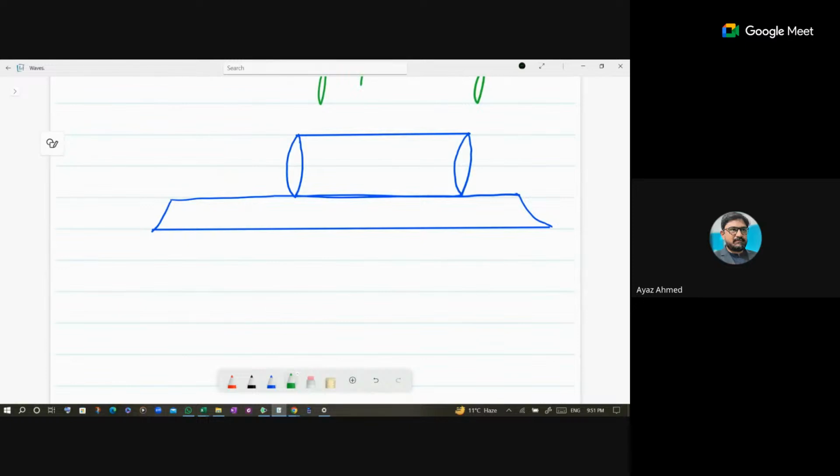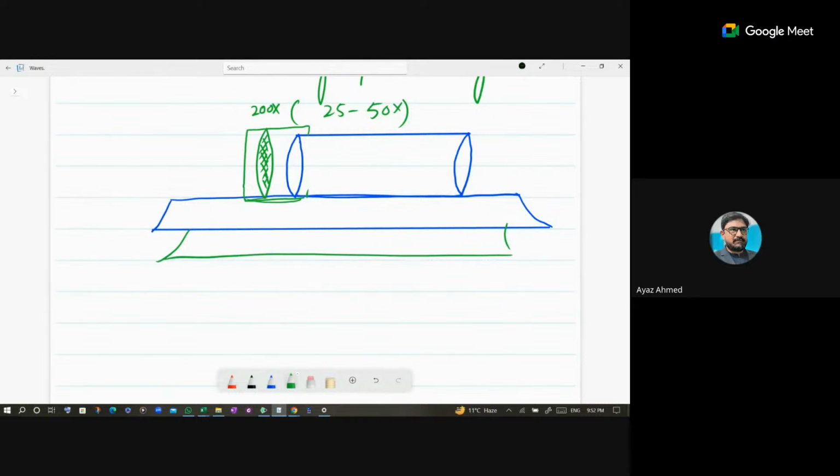For example, we use another lens of some different magnification factor over here. Let's say it is 200x. It means this would magnify the image 200 times. Usually we have 25 to 50x mostly, but we can use those. Okay? Is it clear?